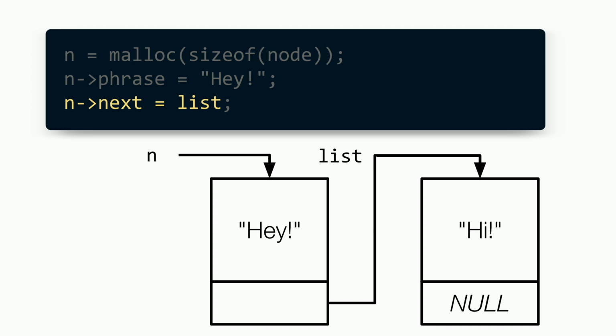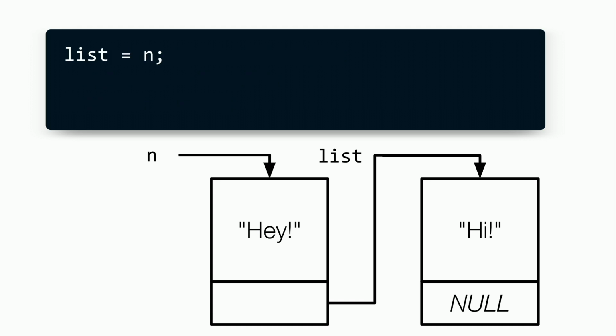And now, since we always want list to point to the very first element in the linked list, we need to make sure we reset it, and now list will be pointing to "hey" and not "hi."